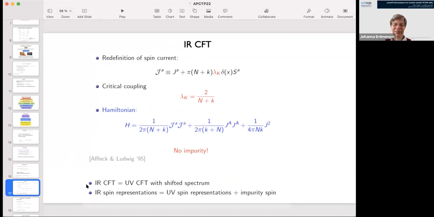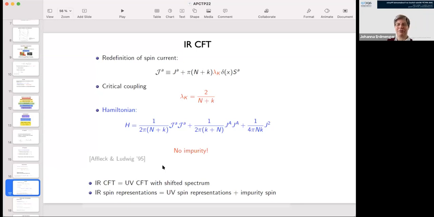The point I wanted to make here, which is what Affleck and Ludwig do, is that they use conformal field theory techniques to calculate the shifted spectrum. Because in a CFT in 1+1 dimensions, the spectrum of the theory is entirely known.